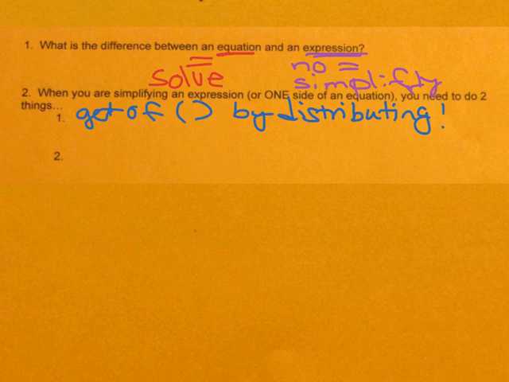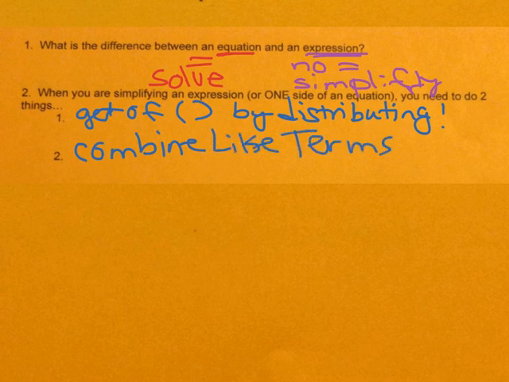If not, we'll practice that in a minute. So the first thing, I want to get rid of any parentheses by distributing whatever's out front. And then the second thing we're going to do is combine like terms. So if there's no more terms to combine and there's no more parentheses, then our expression or our one side of an equation should be simplified.